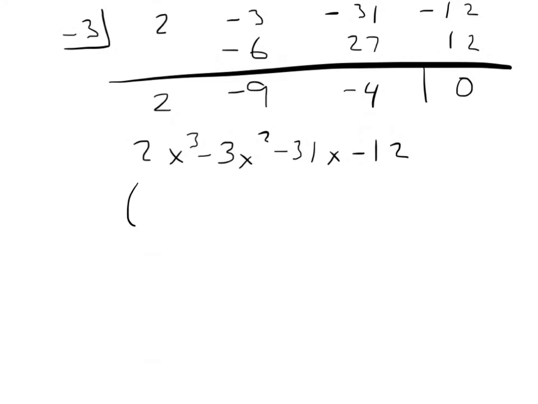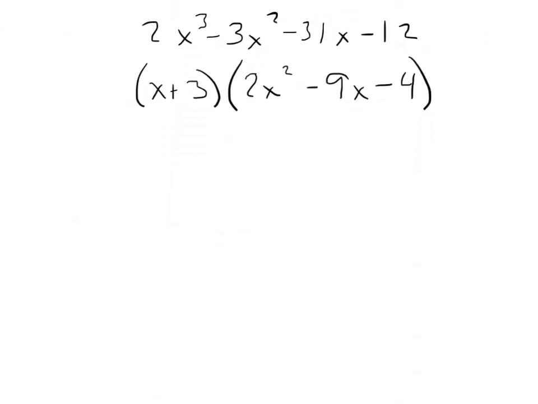And so what's the first factor that you write down? We would normally write down x plus 3 first. And then the second term that we write down will be the 2x squared minus 9x minus 4. And if I had been more careful when I wrote the problem, you would have found that this thing can factor.